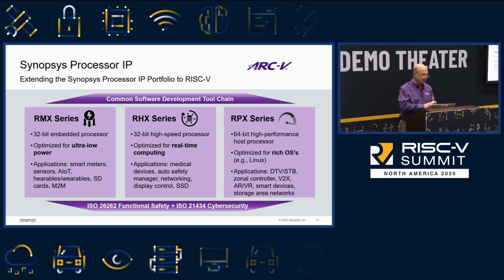The nice thing about these as well is that you can get versions of these that have been qualified for automotive with ISO 26262 functional safety, and also for cybersecurity, ISO 21434. So this is a broad portfolio of RISC-V IP coming from a supplier that actually knows how to deliver and has been delivering processor IP for a couple of decades.